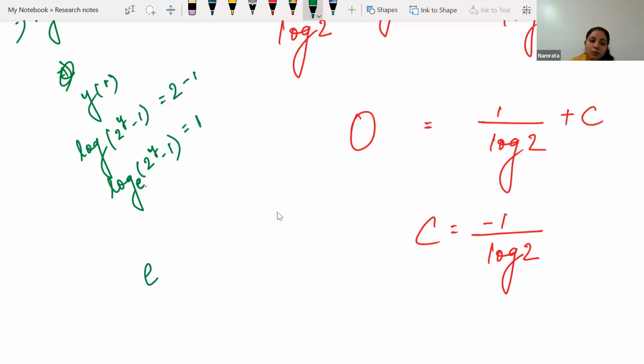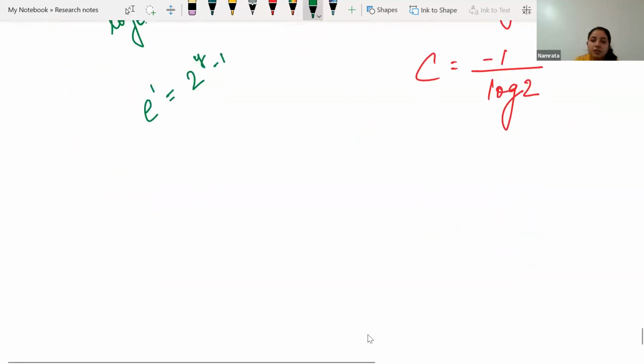Can we say e raised to the power 1 is equals to 2 to the power y minus 1? We are just changing the logarithm to exponent form.